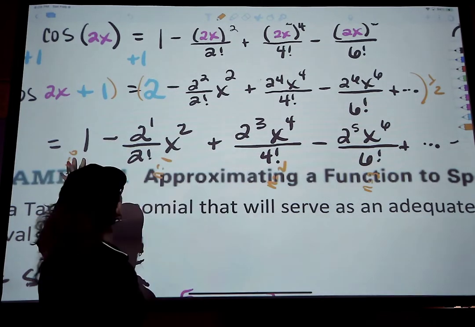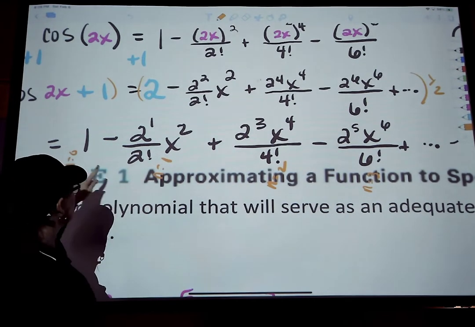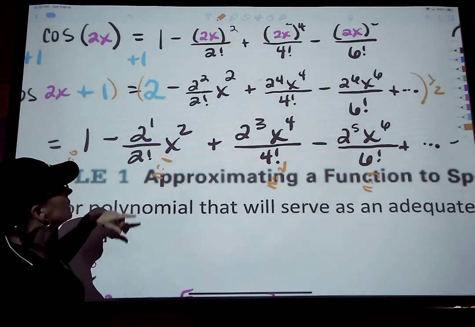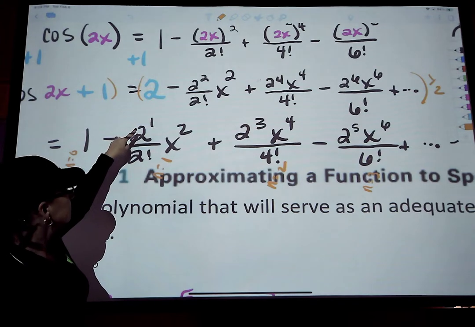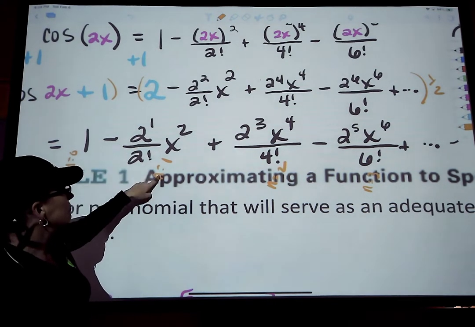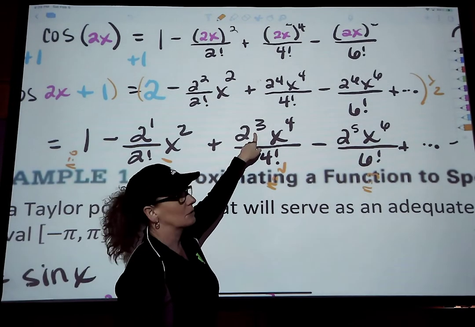All right, so first of all, we need it to alternate. So we're going to need a -1 to the n power. Couple things. 2 to the first. Oh, is it 2 to the n? No, it's not 2 to the n.